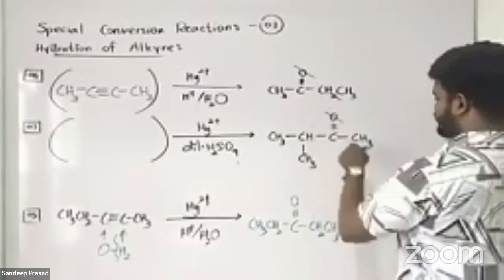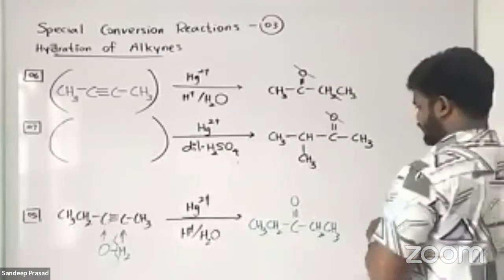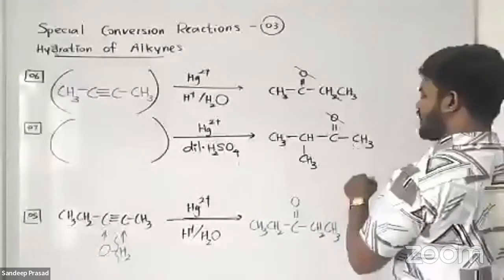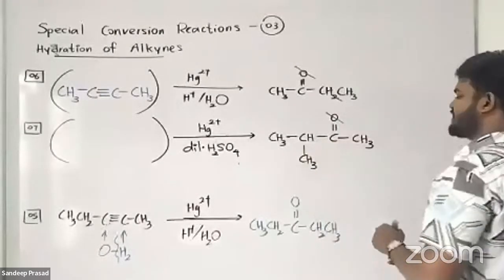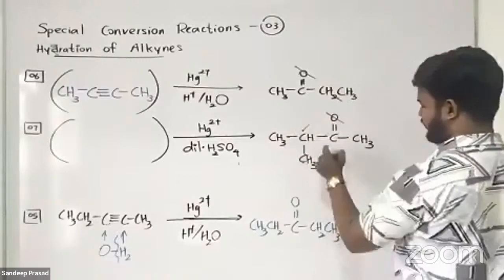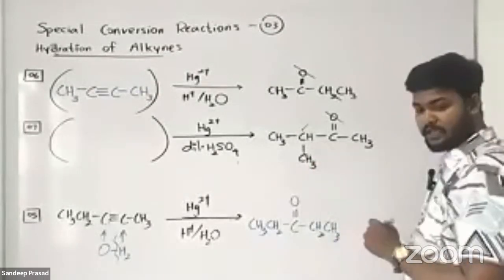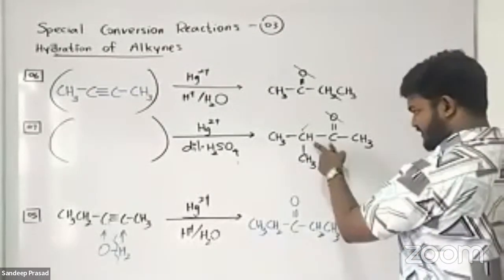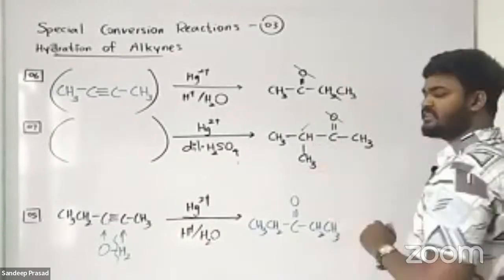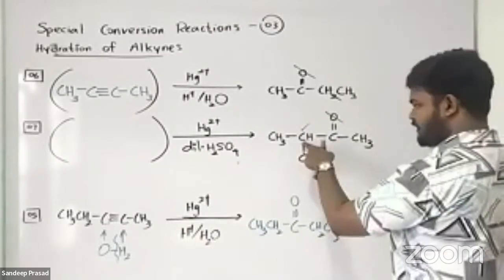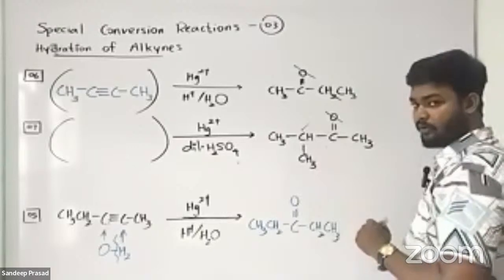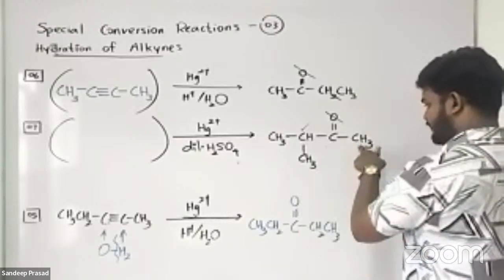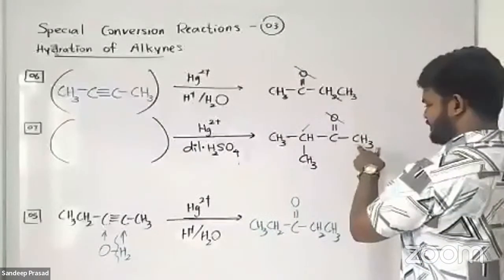Therefore, the triple bond should be connected to this carbon atom. So we have to choose what is the other carbon atom which contains the triple bond. If you consider this one, we have to remove two hydrogens from there. But you can see that only one hydrogen is connected there. So this is not the carbon atom which had a triple bond. Then this is the carbon atom actually.